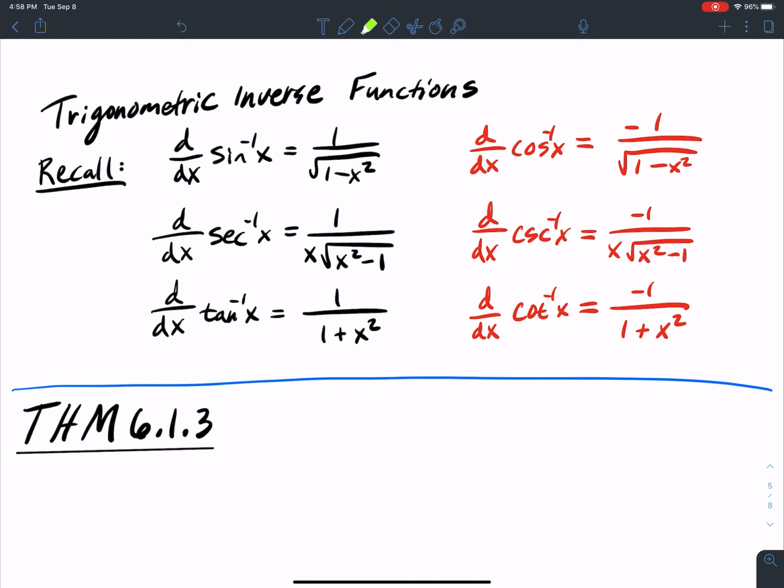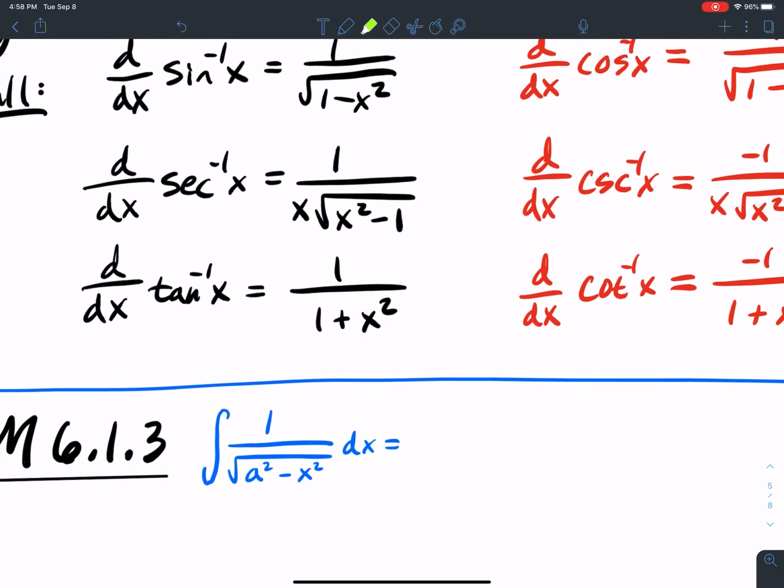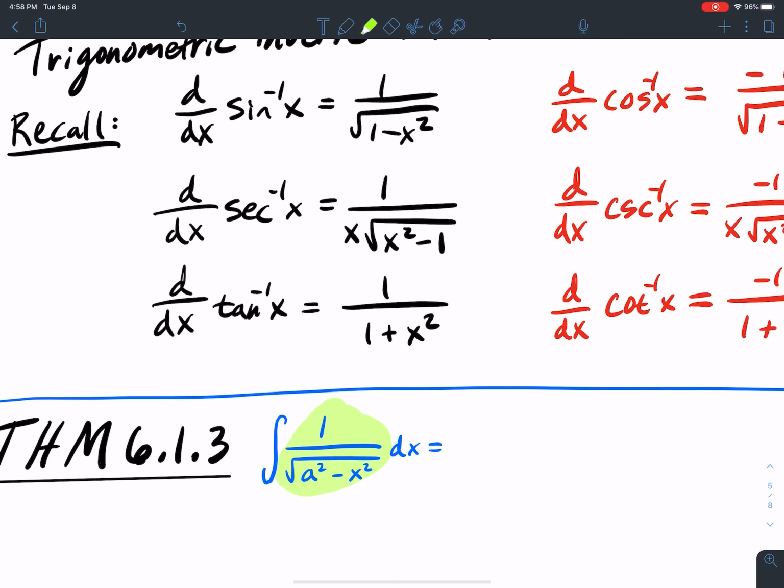So now I want to go the opposite way and do integrals for arc trig functions. So what's going on here? I want to take the integral of 1 over the square root of a number squared minus x squared. This looks a lot like the first one here because I don't see any x's out to the side, and I don't have a radical there.